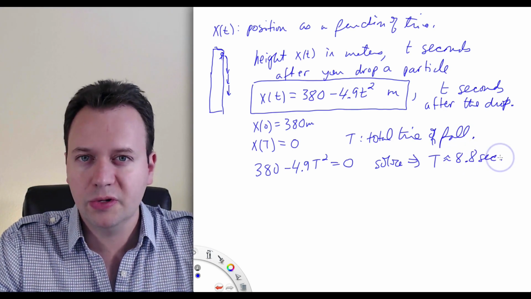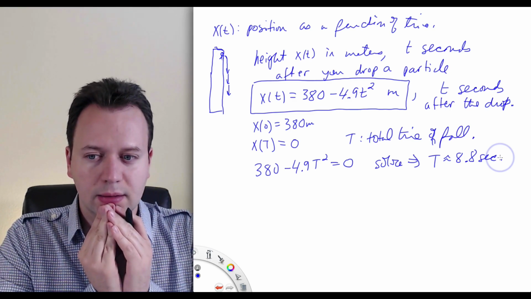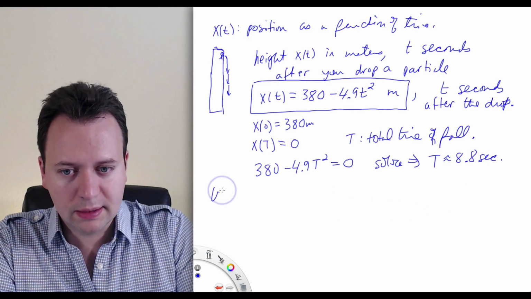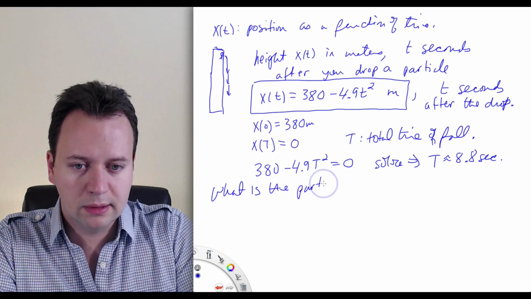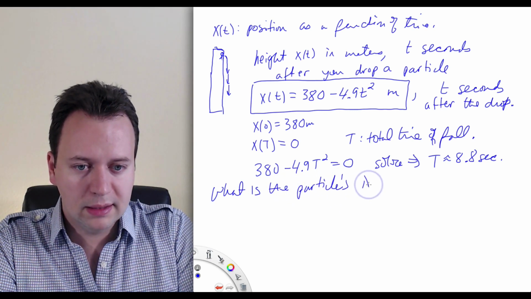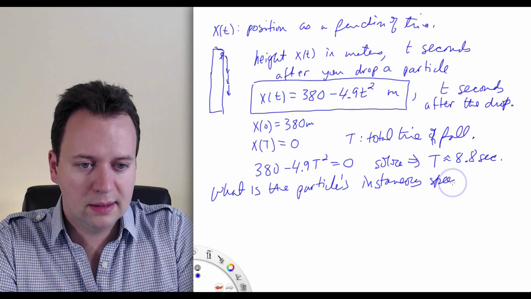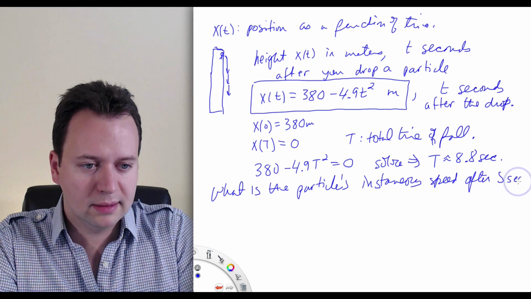So let's choose a point in time before the particle reaches the ground, maybe after 5 seconds. So what is the particle's instantaneous speed after 5 seconds?